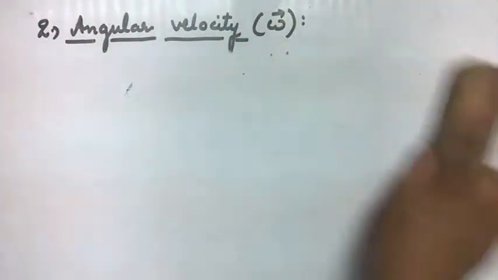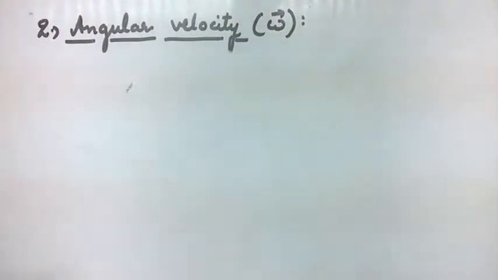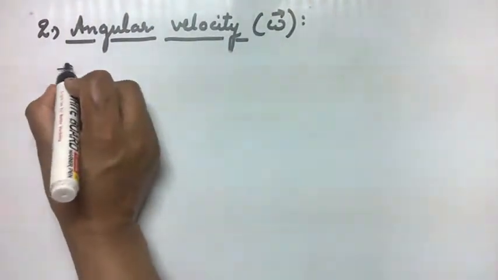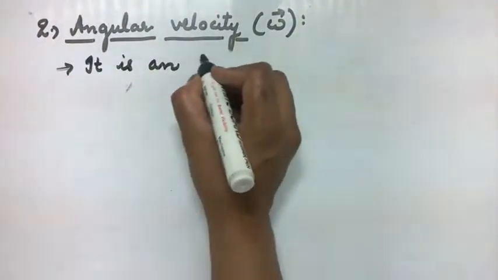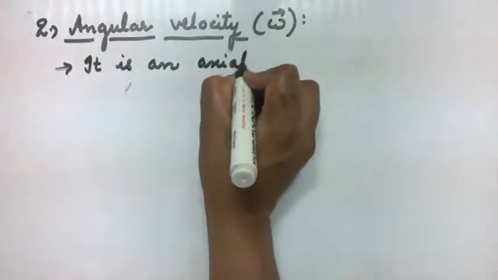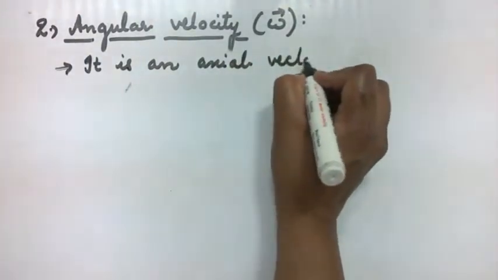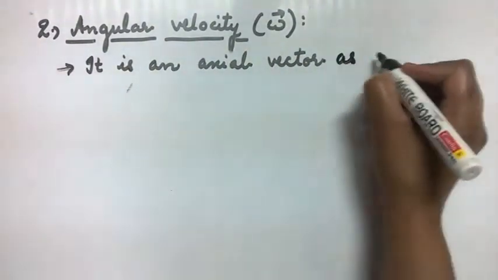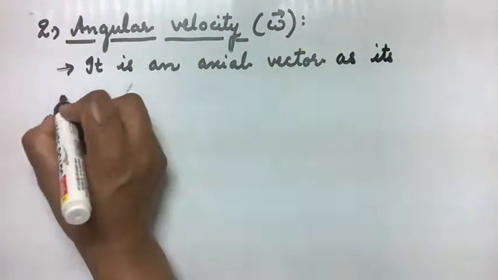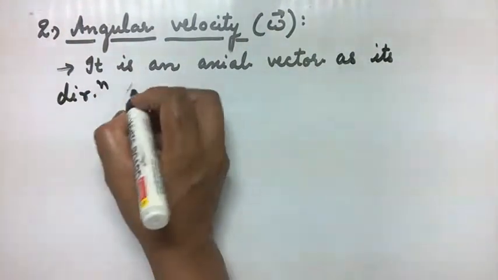Angular velocity is also an axial vector, as its direction is along the axis.